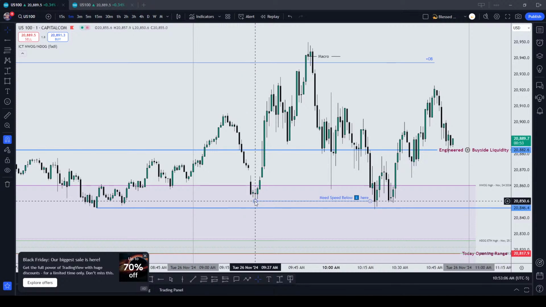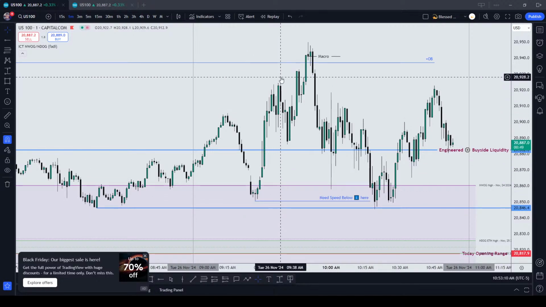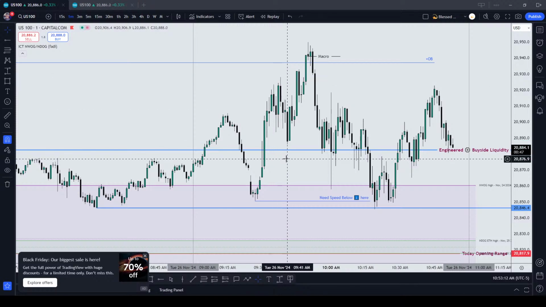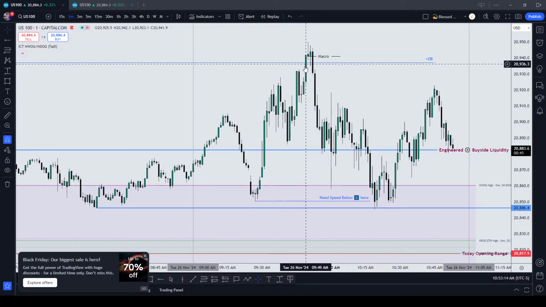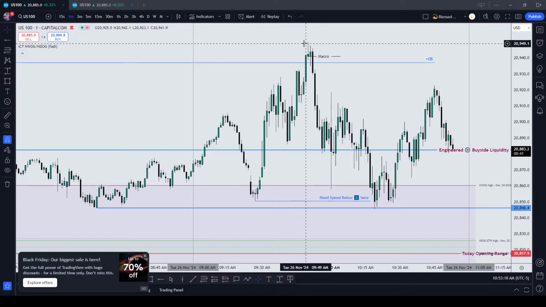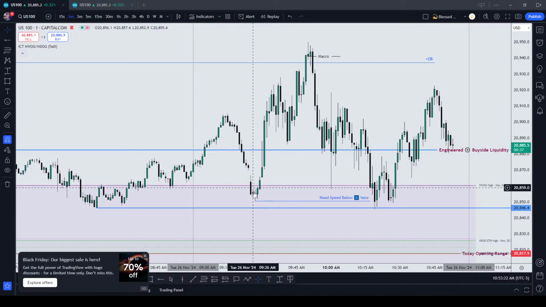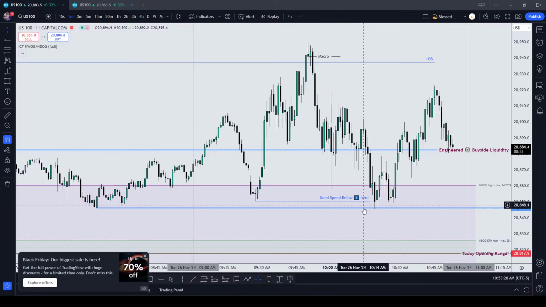Price starts from here, trades up, stops here, comes down, takes out this high, taps into a higher time frame premium discount array, then drops down, taking out this swing low, and also this swing low.